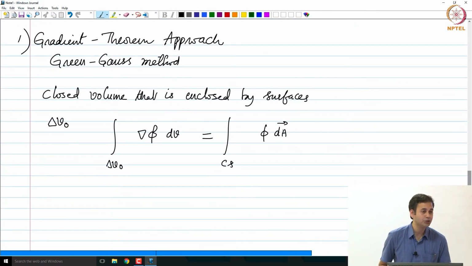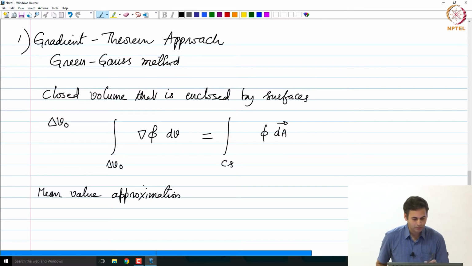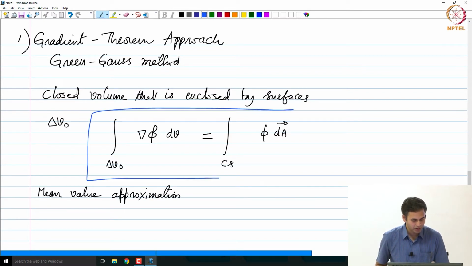Now, if I assume that the gradient of the dependent variable phi is a constant in the entire cell, I am essentially making a mean value approximation. So, essentially this is the gradient theorem, which relates the gradient of a scalar integrated over the entire volume to the sum of the scalar multiplied by all the vector differential areas on the entire surface.